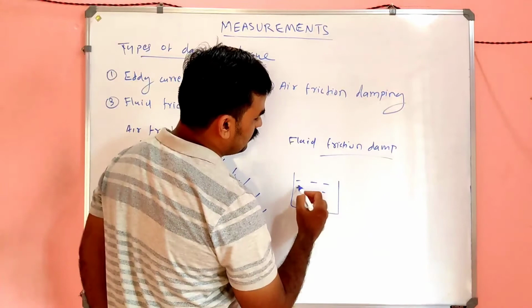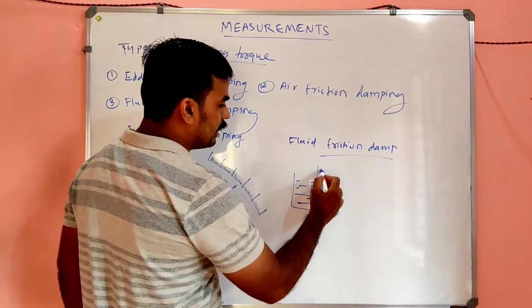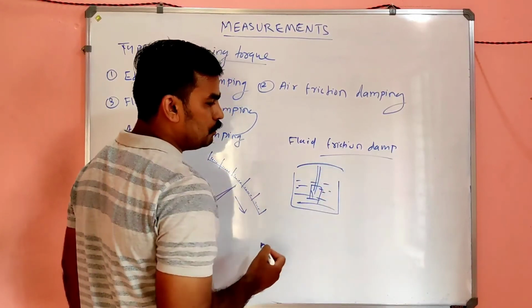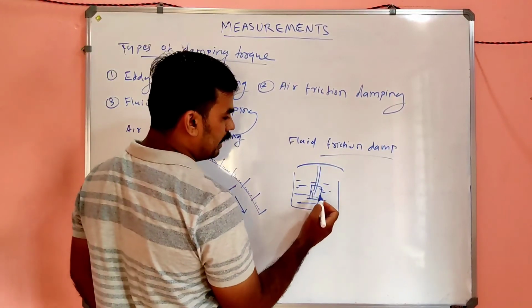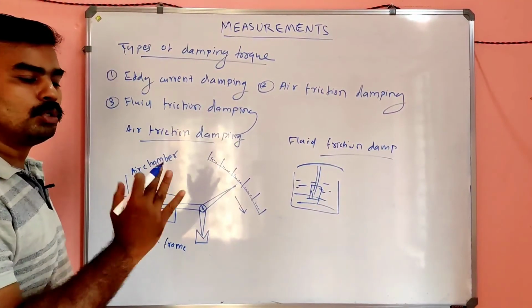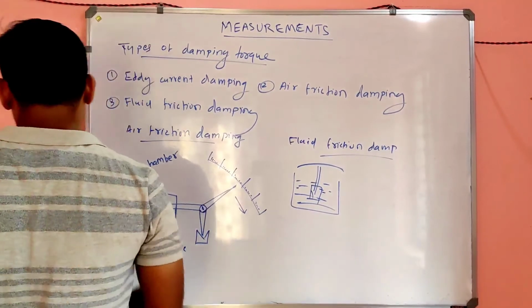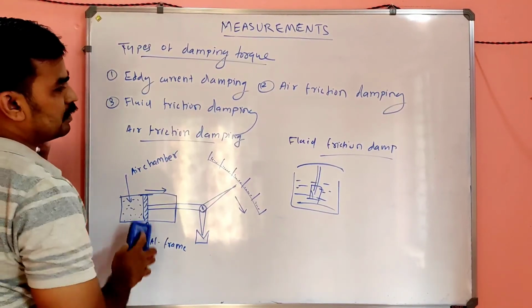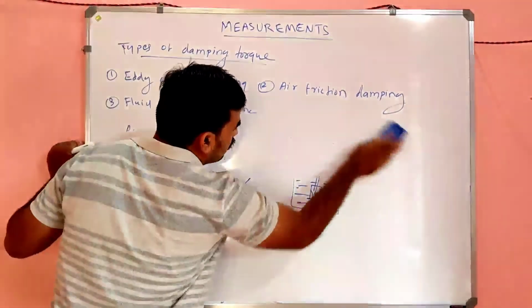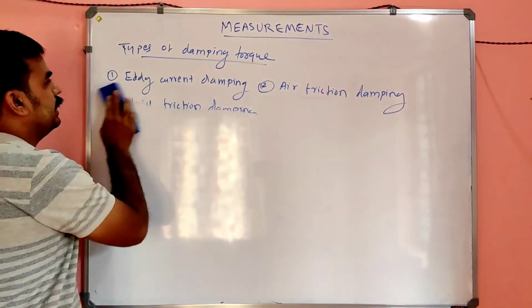Suppose here is some fluid, and there you inserted a moving mechanism. What happens? It will not move freely due to the friction of the fluid. It will not oscillate due to the friction of the fluid. That type of damping is called fluid friction damping. You just remember this name, my dear. No need to focus deeply.